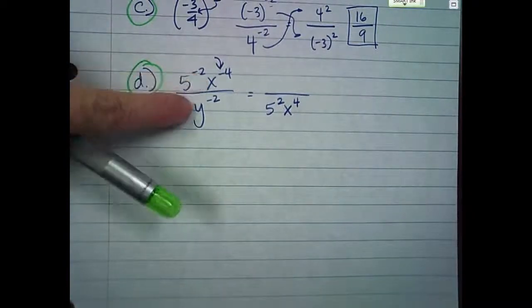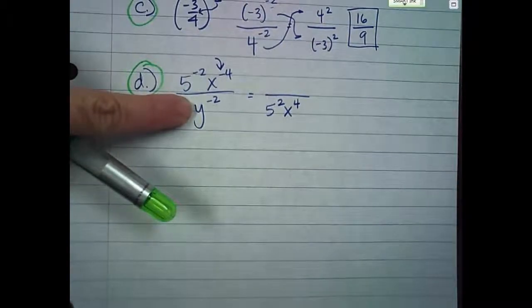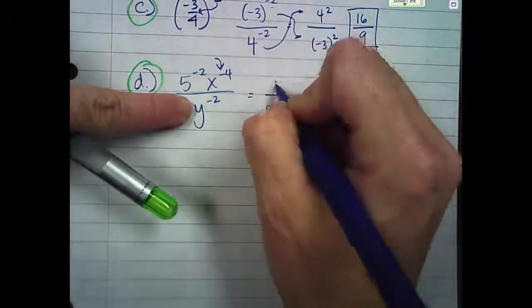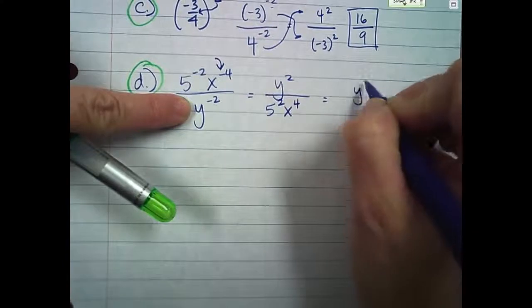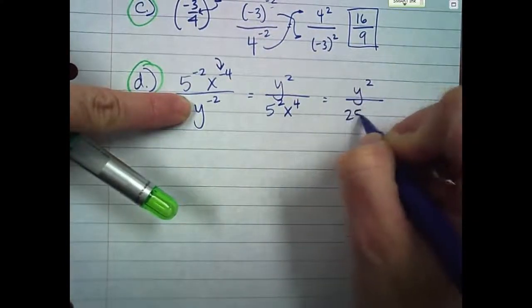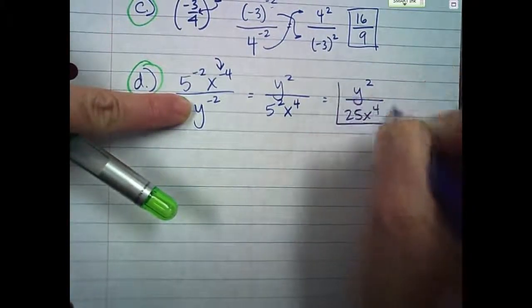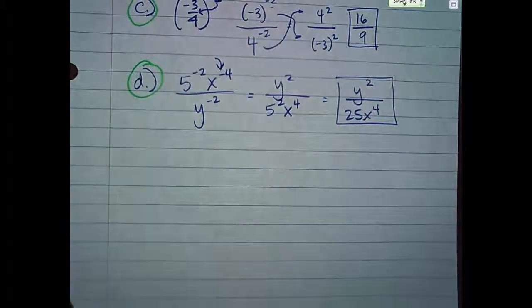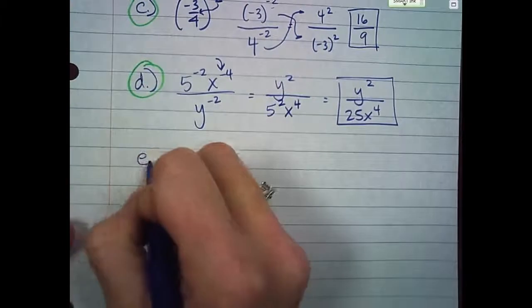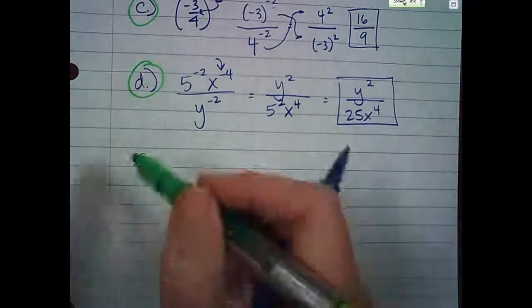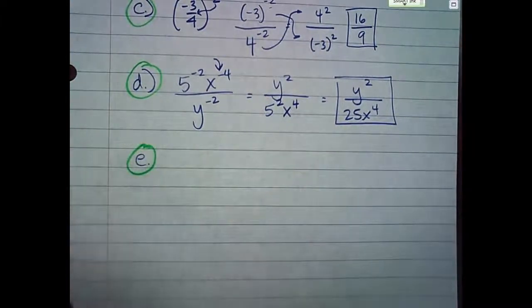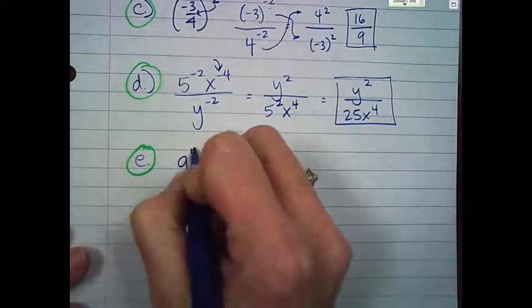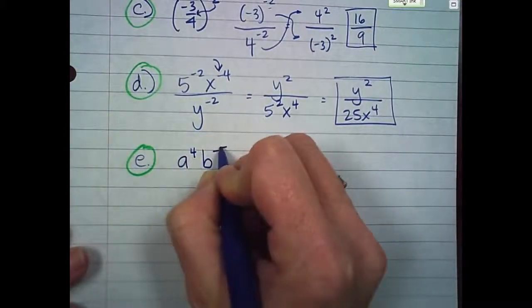Okay? This y to the negative 2 tells me that it belongs in the numerator. So when you clean it up a little, you'll just have y squared over 25x to the 4. Move to E. a to the fourth, b to the negative fifth.